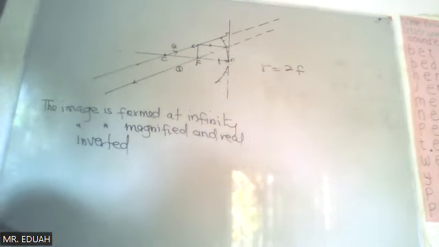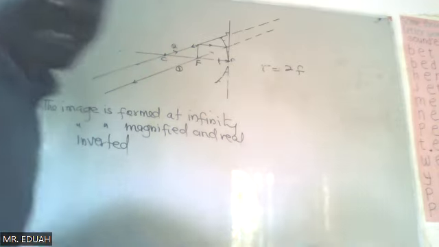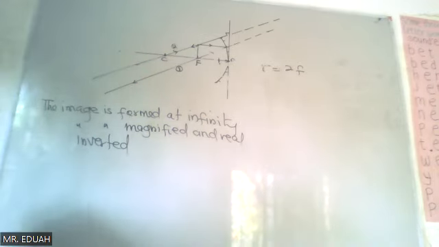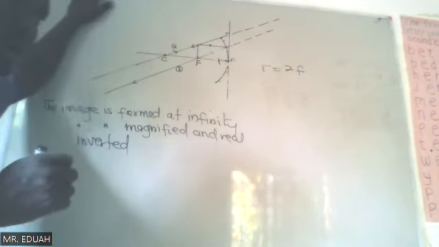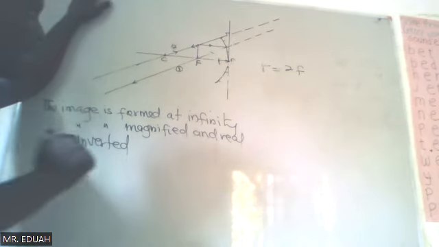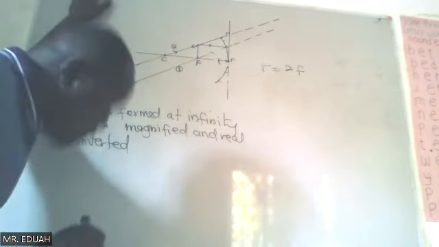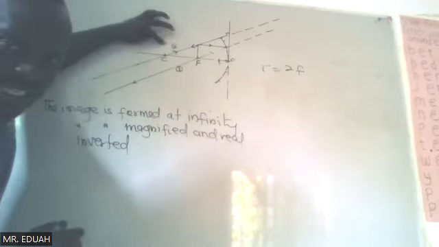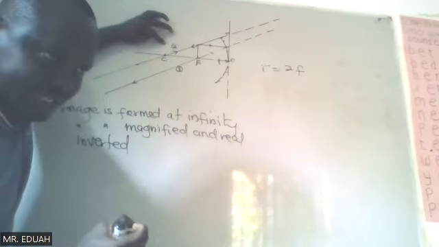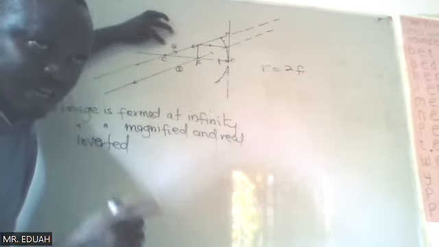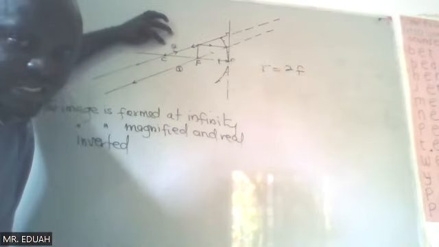Okay, then let's look at when the object is... Hello, please, you were establishing something. You were saying that when it is between C and infinity, the image is real and diminished. What I was saying is that if the object is between infinity and C, you have an image that is diminished, real, and all real images are inverted.